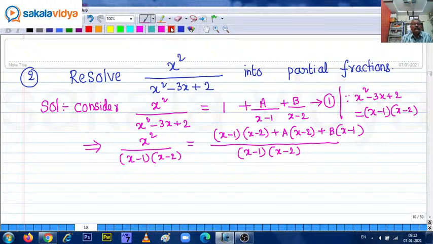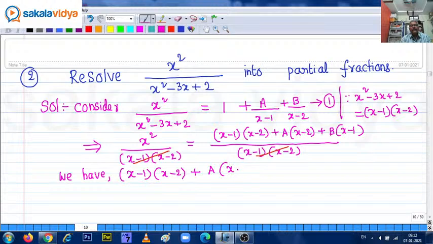So now x minus 1 into x minus 2 cancel. So now we have x minus 1 into x minus 2 plus a times x minus 2 plus b times x minus 1 equals to x square. Now let us use the suppressing method.